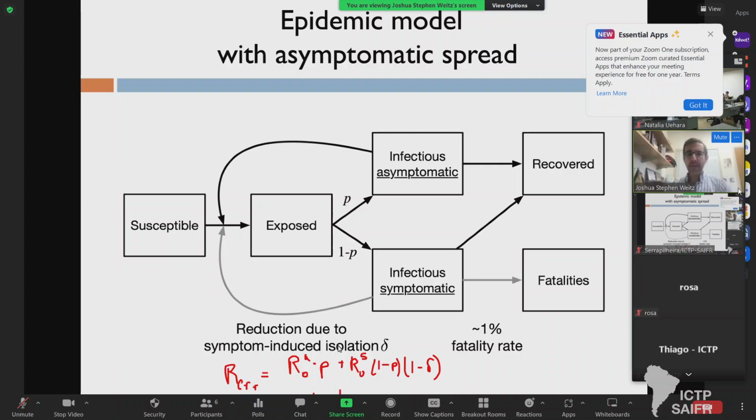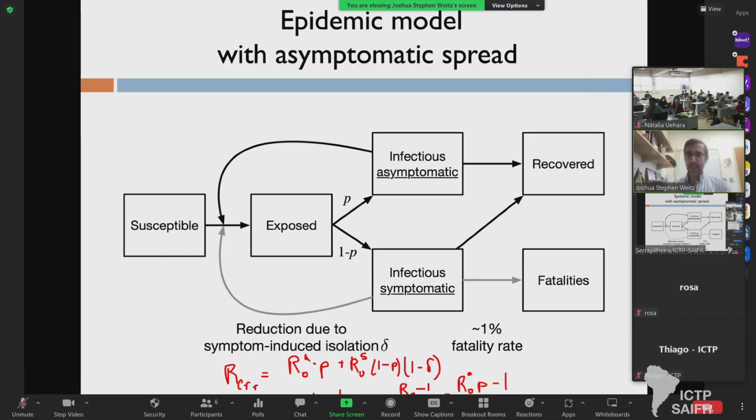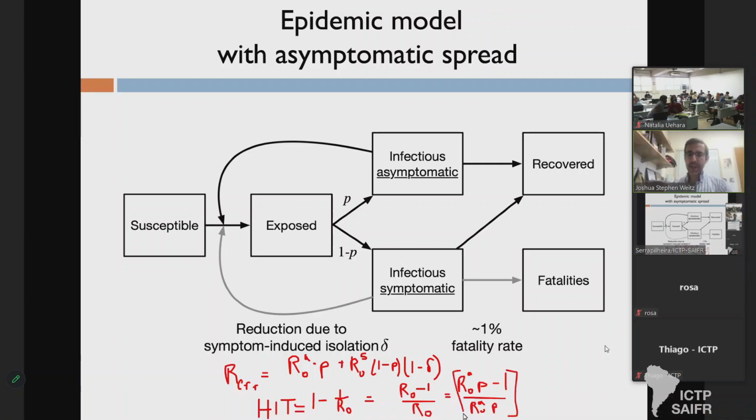So if all of it is coming from this asymptomatic route, we're going to get something like R naught minus 1 over R naught people infected, which is the same as saying this R naught A times P, because that's the fraction that's asymptomatic, minus 1 over R naught A P, and then this whole thing is the fraction of people who've been infected before the disease goes down.